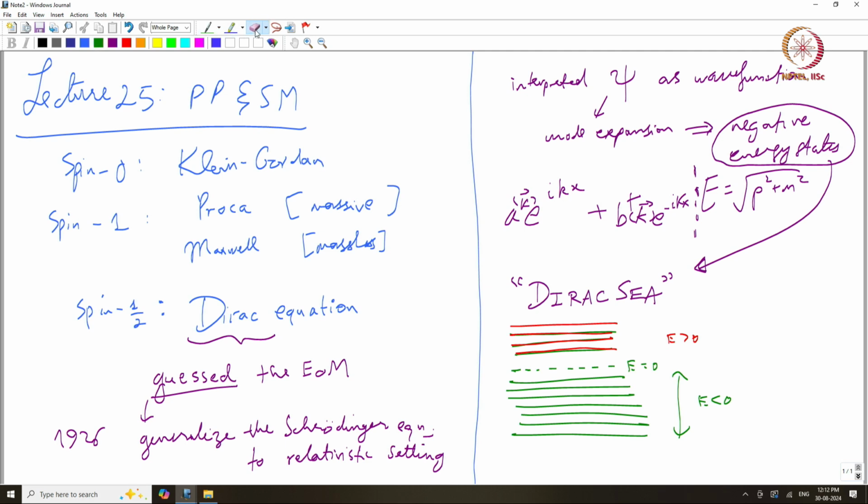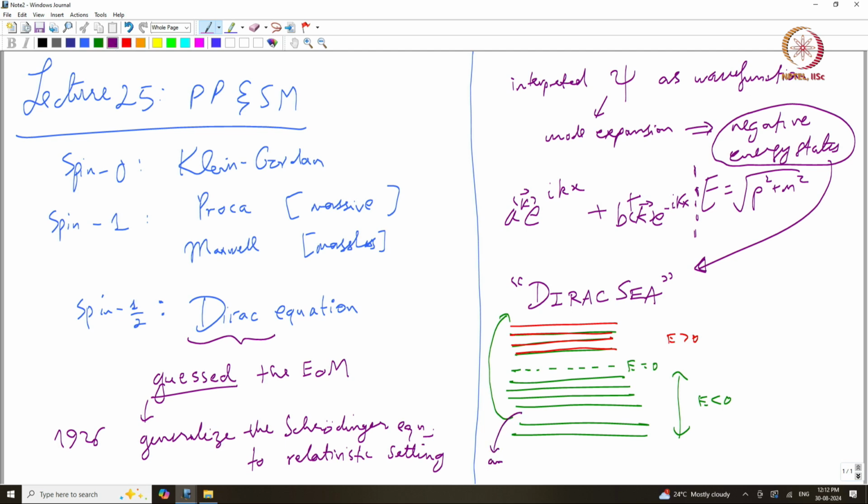I am going to deliberately erase something here using a small eraser. If one of these energy states jumps over, gets excited basically, then you created a hole, right.